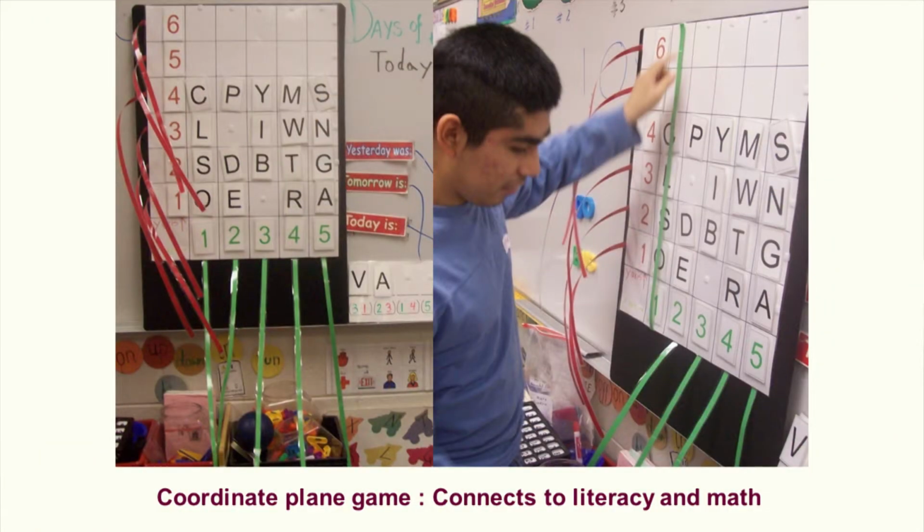Here's a coordinate plane game. So there's the coordinates. Remember that Common Core, those skills that you're worried about. Well, if they're doing coordinates, but they're playing it where the Y and the X meet, and then they get the letters, and then down below, they're going to spell out words.